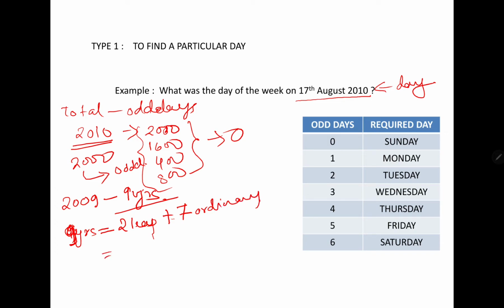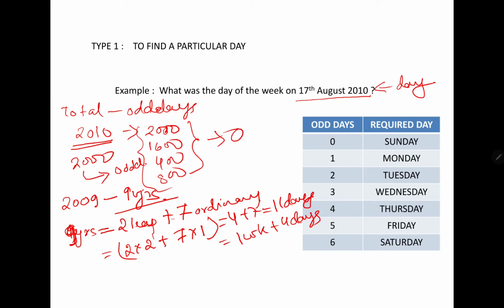I told you that in a leap year there are 2 odd days, so it will be 2 into 2, plus in an ordinary year 1 odd day, so 7. So 2 times 2 is 4, plus 7, that is 11 days. Now 11 days we can write as 1 week plus 4 days. So up to 2009, how many odd days do we have? 0 plus 4, equal to 4 odd days.